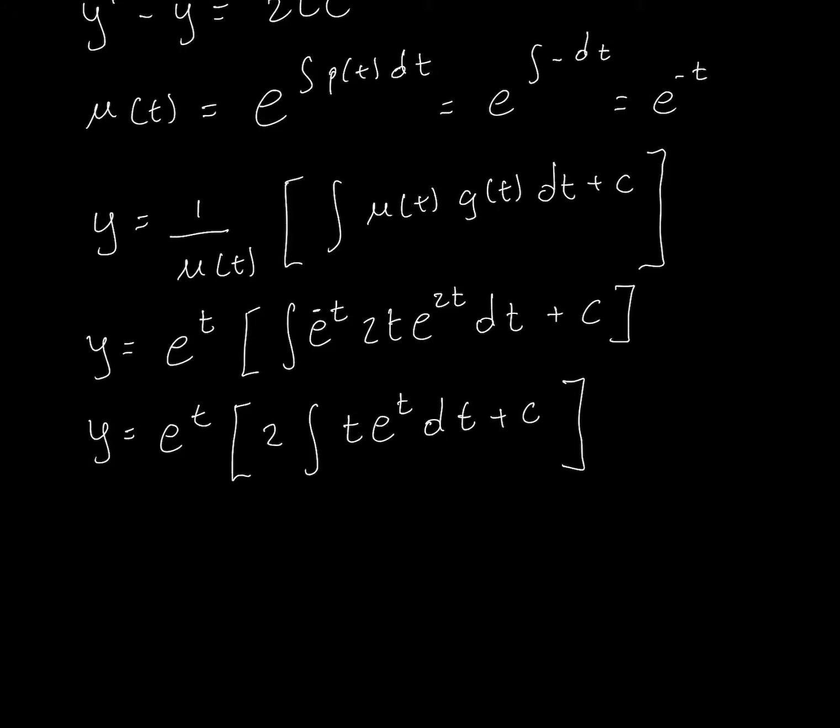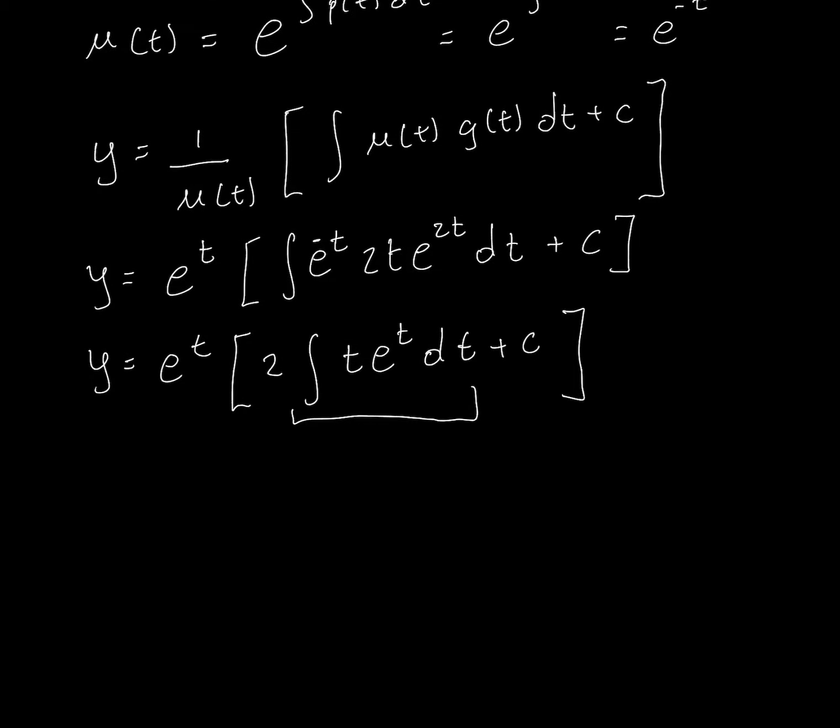Once we have that, we only need to solve this part here, which we can do by integration by parts. If you don't remember integration by parts, basically the solution will be in the following form: uv minus the integral of v du. In this case, we're going to say that u is just t and dv is equal to e to the t dt.